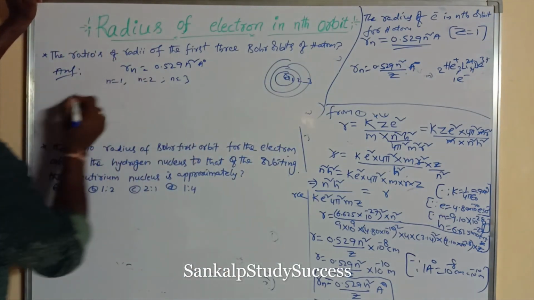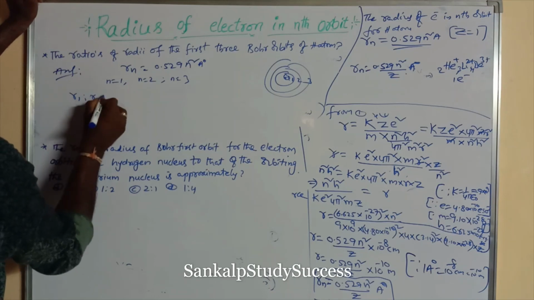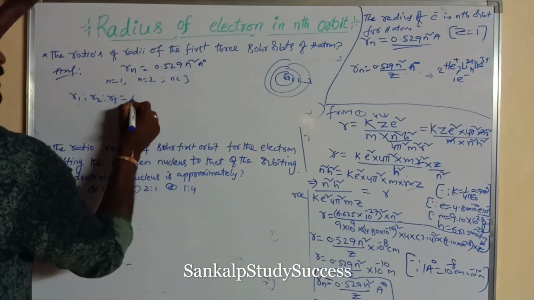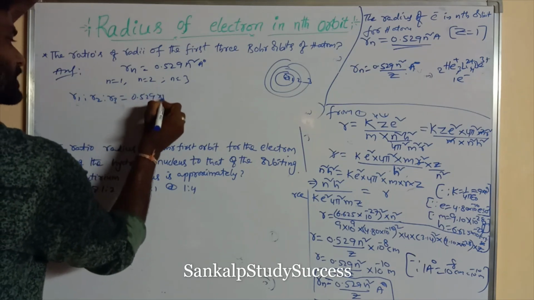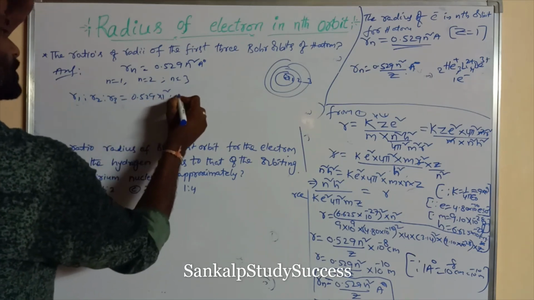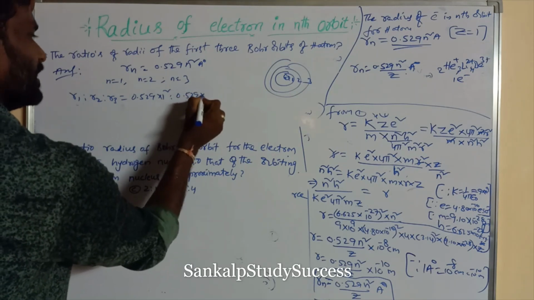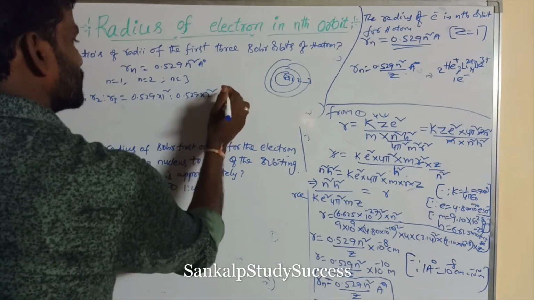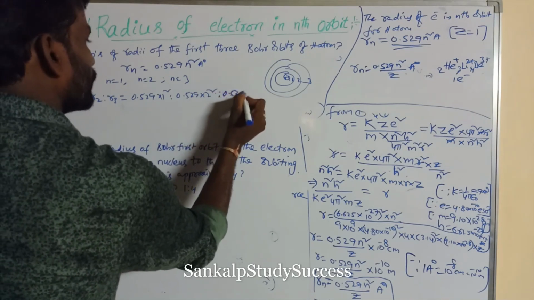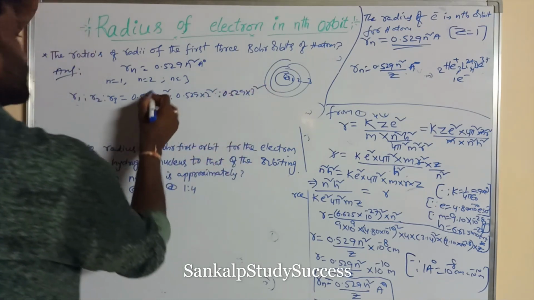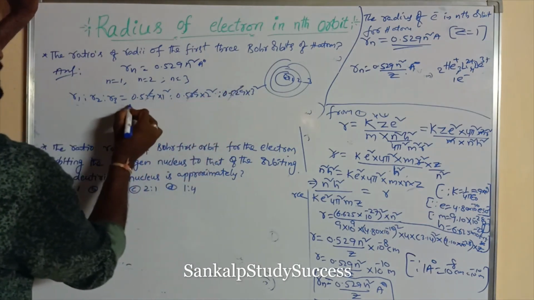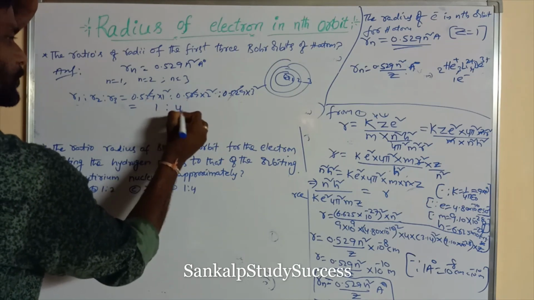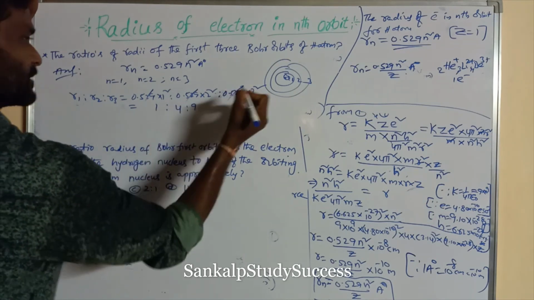Now R1 is to R2 is to R3 is equal to 0.529 into 1 square is to 0.529 into 2 square is to 0.529 into 3 square. So these are cancelled. What is remaining? 1 square means 1, 2 square means 4, 3 square means 9.